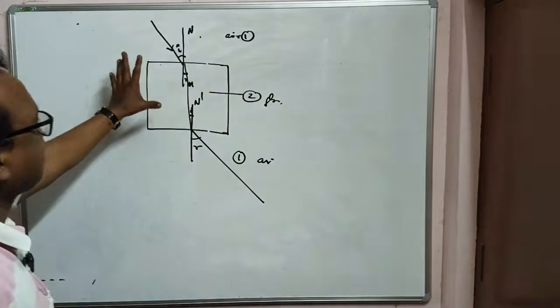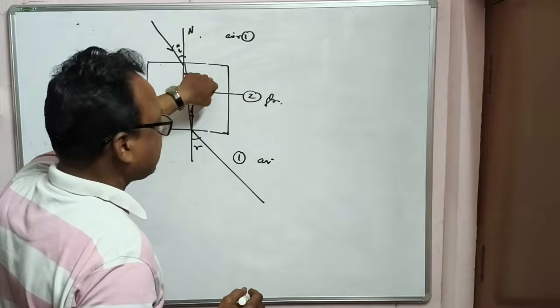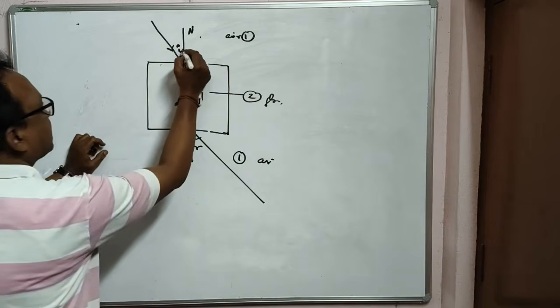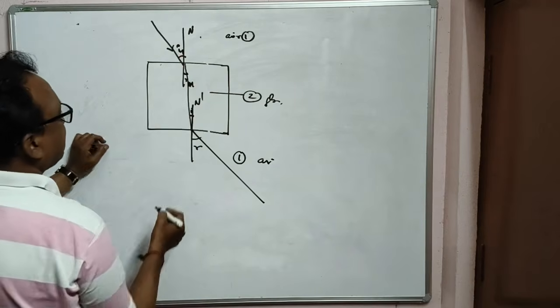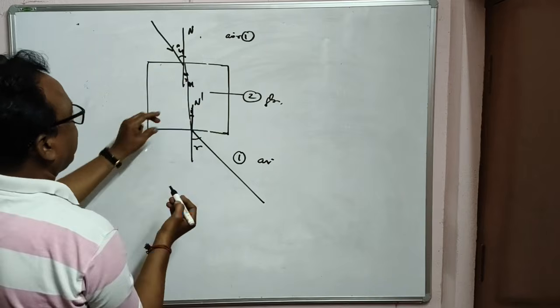So here you can apply Snell's law, when coming from air to denser glass, and glass to air. You can apply it and you can check also. For example, this is i1, this is r1. And make a note, this angle is equal to this angle, you can see mathematically.